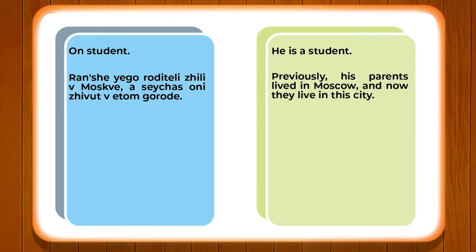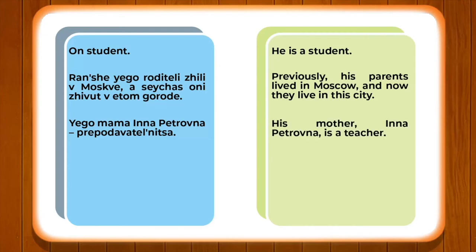Каком городе? Волгограде. Его мама Инна Петровна преподавательница. So whose mother is a college teacher, professor, mother of Ivan. Его мама Инна Петровна преподавательница.